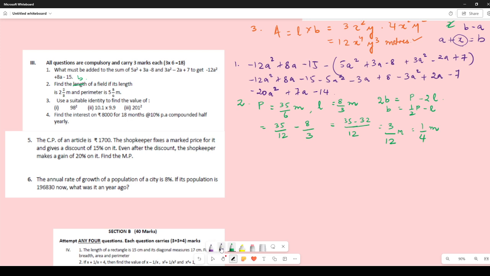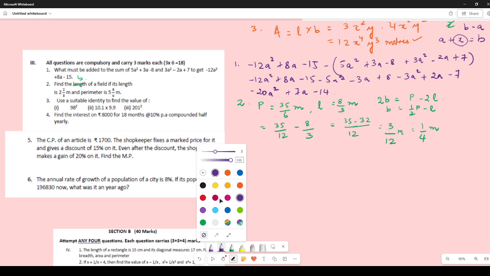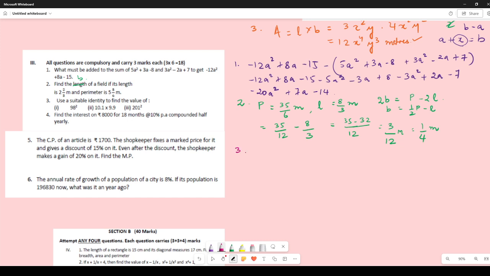Now let us move on to the next question, which is: use a suitable identity to find the value of 98 square. Now 98 square can be written as 100 minus 2 whole square, and remember a minus b whole square is equal to a square plus b square minus 2ab.